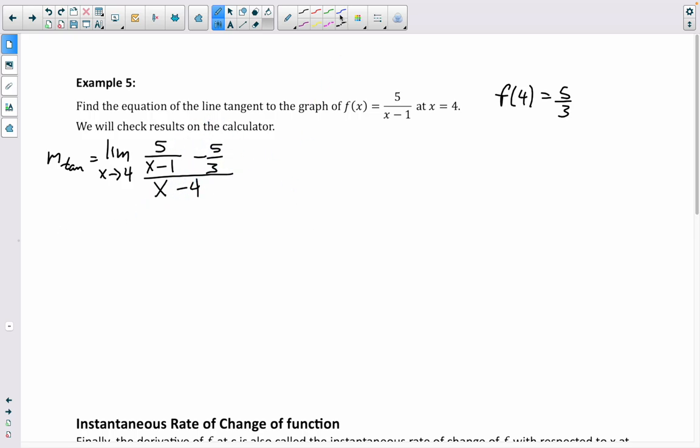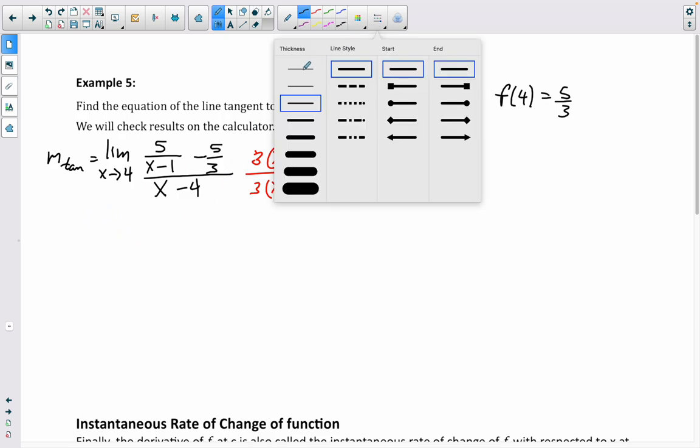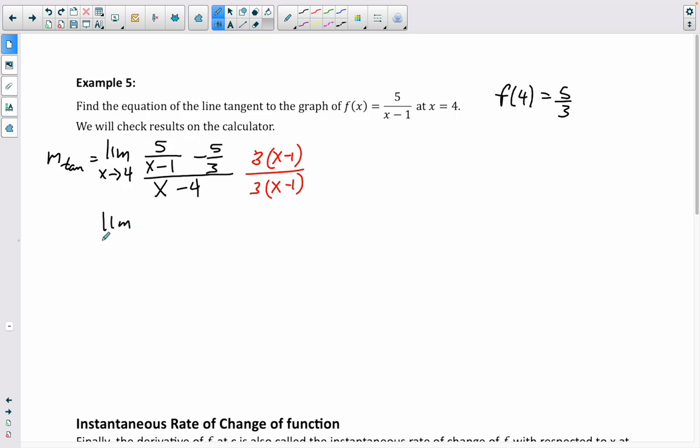All right. And so to do that, I'm going to multiply top and bottom by 3 times x minus 1. So I'm not changing the value, I'm just multiplying by 1. And so this will equal the limit as x goes to 4 of, when I multiply this first term by 3 times x minus 1, I'm going to be left with a 15 minus 5 times, when I multiply this term by this, you're just left with an x minus 1, all over 3 times x minus 4, x minus 1.